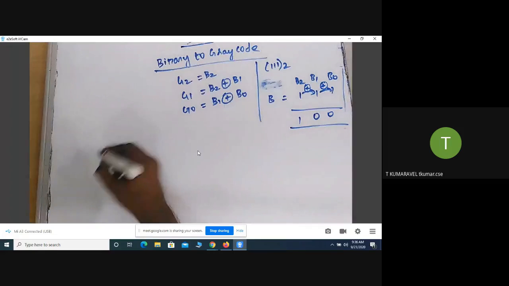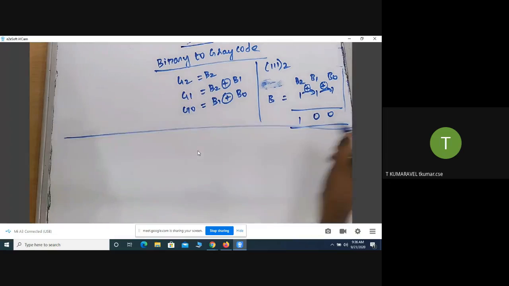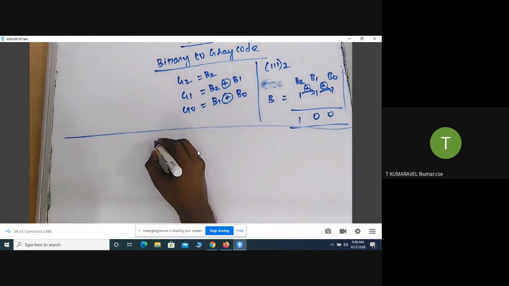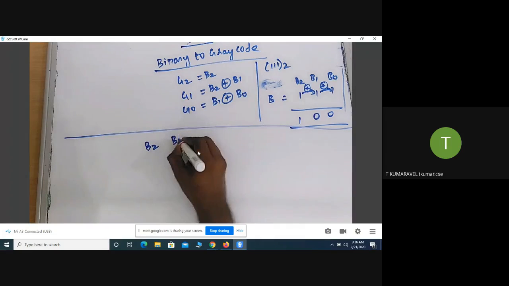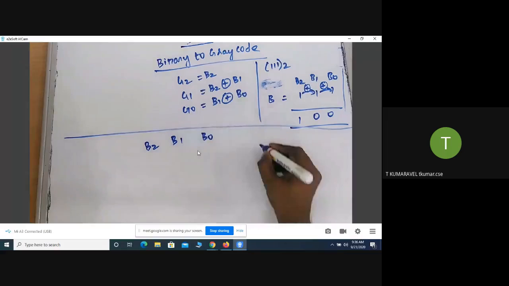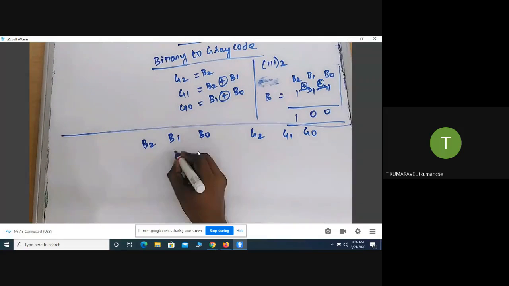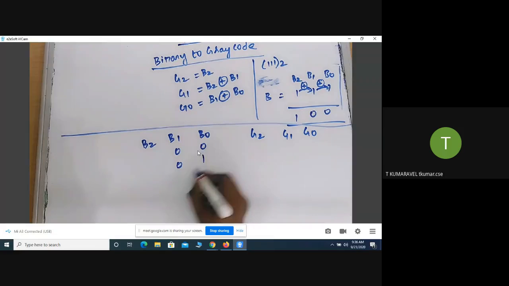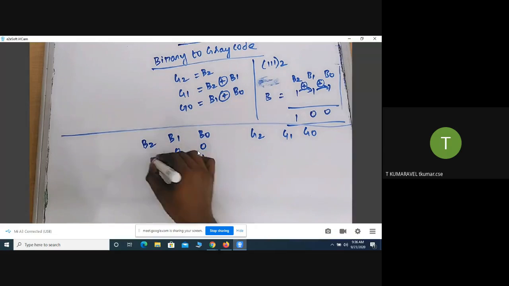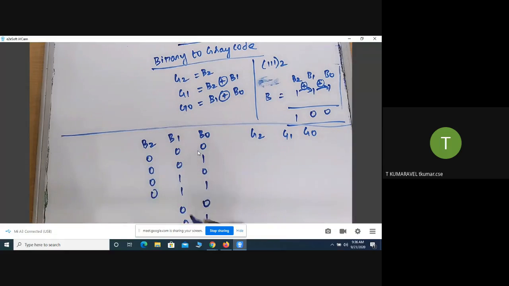Now what you are going to do is take three variables as input, binary B2, B1 and B0. What is the output? The final output G2, G1, G0. You take three-bit input combinations.